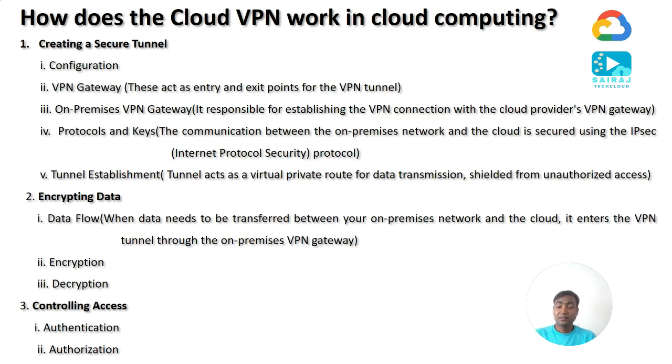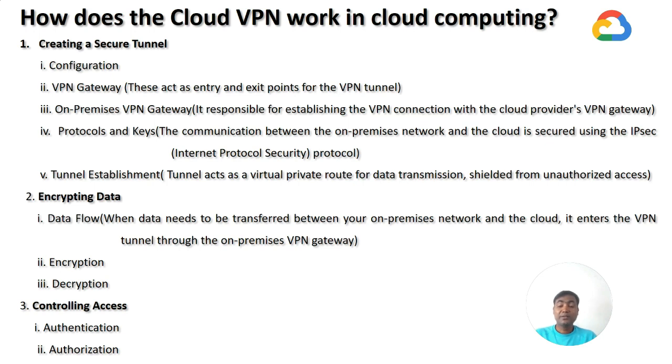First of all guys, configuration. Organizations configure the Cloud VPN by defining a connection between their on-premises network and a VPC network in the cloud provider infrastructure. VPN gateway. Cloud providers such as GCP deploy a VPN gateway at the edge of the cloud infrastructure. This gateway serves as the entry point for the VPN connection.